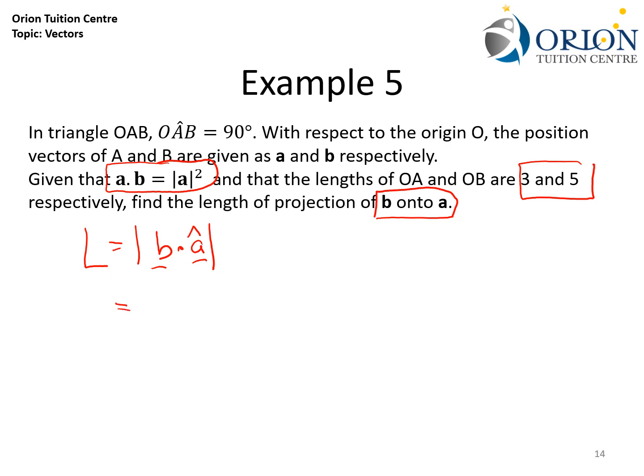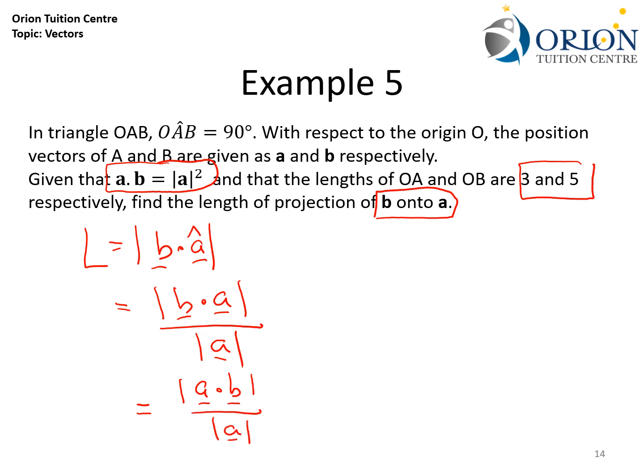Let's rewrite this expression slightly. This gives me B dot A over mod A, since A cap is the same as A over mod A. And I'm going to rewrite this further as A dot B over mod A. This is because A dot B is equal to B dot A, as we have learned earlier for the properties of the dot product.